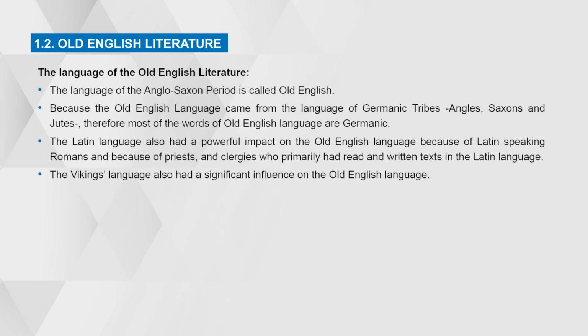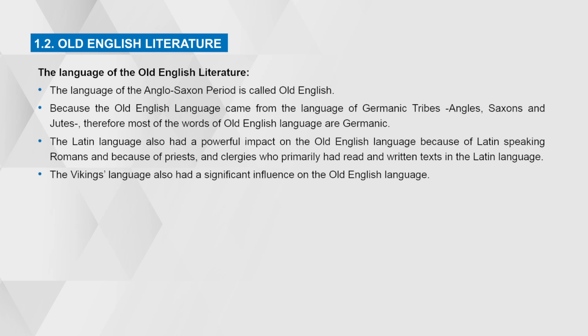Okay, so the language of the Anglo-Saxon period is called Old English because the Old English language came from the language of Germanic tribes, Anglo-Saxons and Jutes. Therefore, most of the words of Old English literature are Germanic.